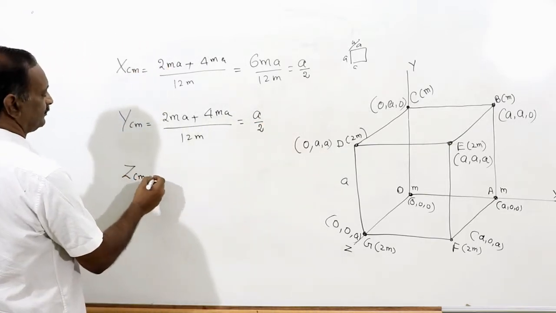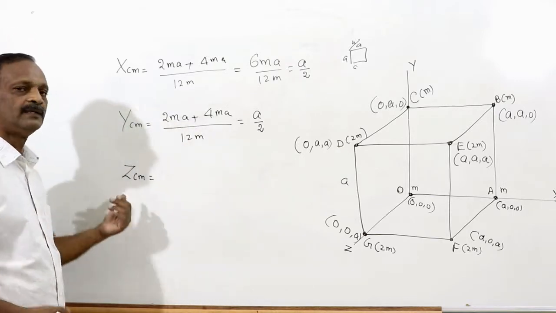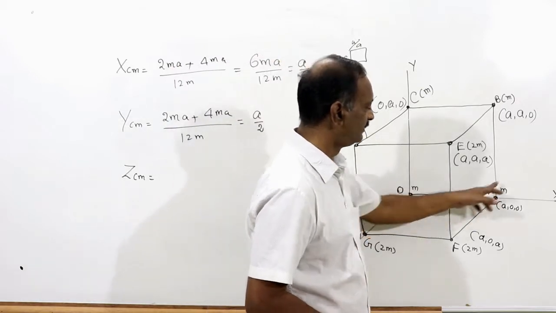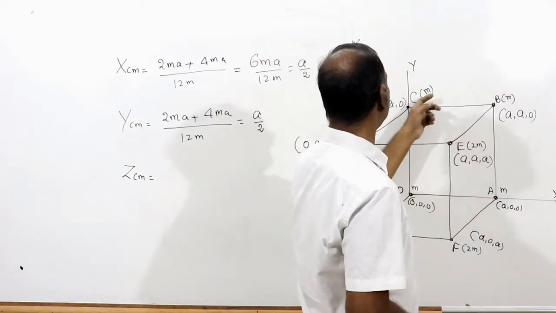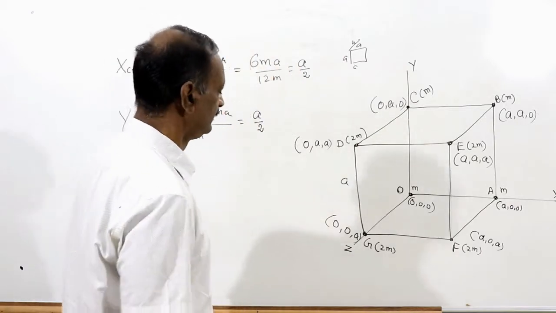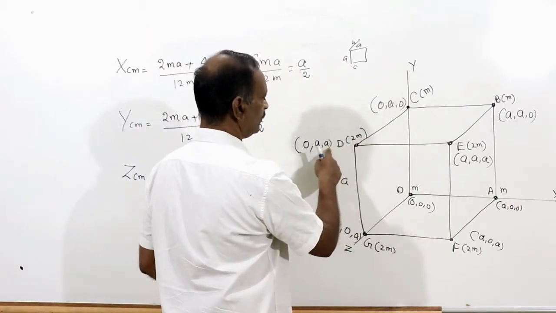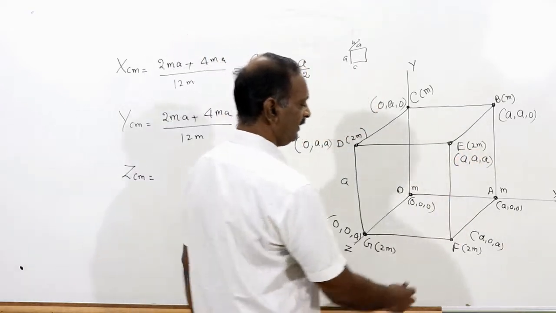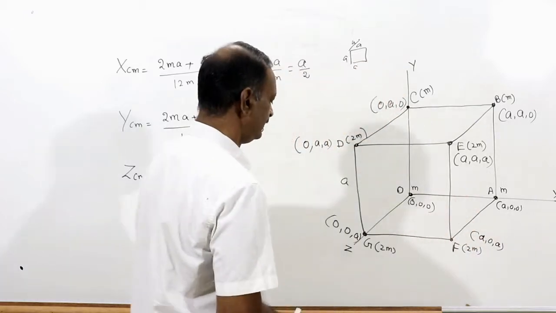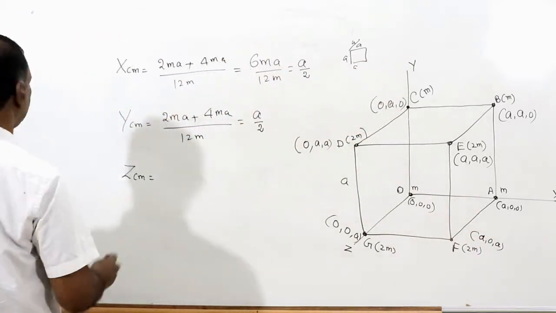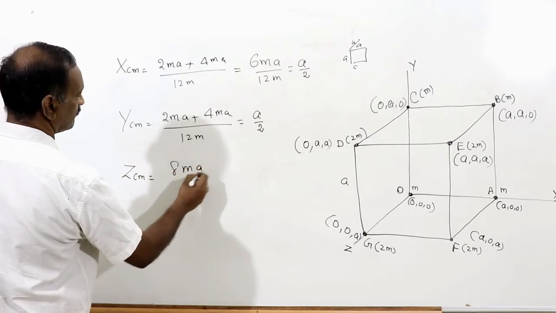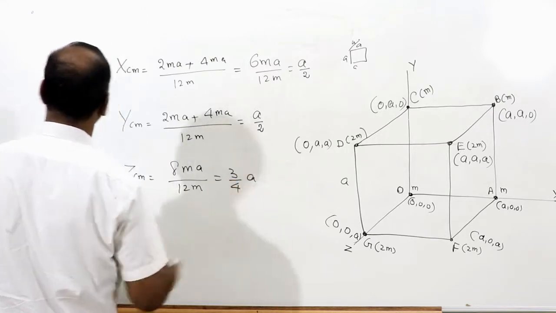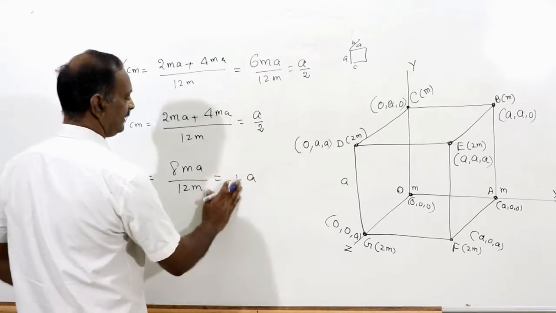ZCM. What is the center of mass along the Z axis? This one is 0, this one is 0, this one is 0, and this one is also 0. Now this one, 2 MA plus 2 MA, 4 MA, 4 MA, 6 MA, 6 MA, 8 MA. 8 MA divided by 12 is equal to 2 by 3.